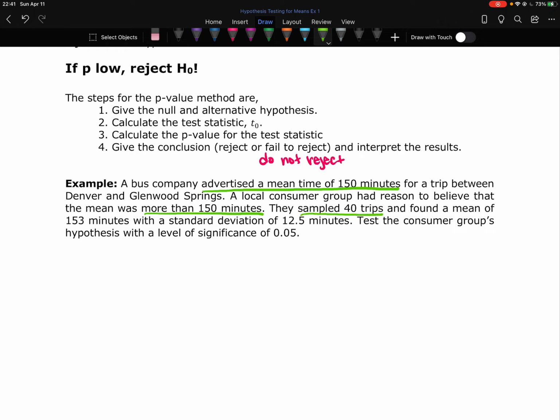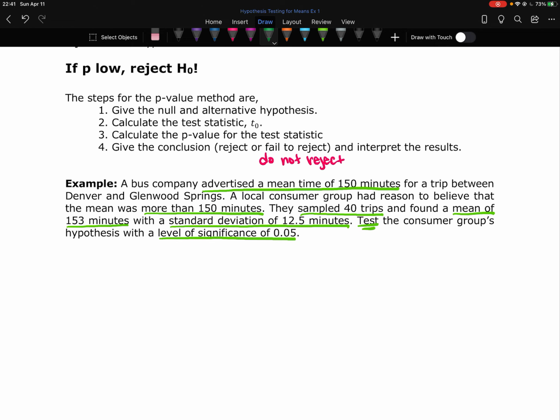They took a sample of 40 trips and they found a mean of 153 minutes and a standard deviation of 12.5 minutes. We're going to do a test of their hypothesis with a level of significance of 0.05.